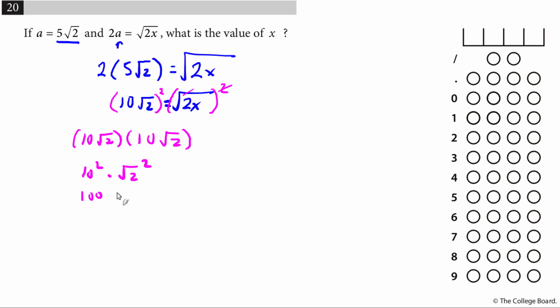Root 2 squared is 2 because the square root and squared cancel, or 2 squared is 4, square root of 4 is 2. So all this mess down here becomes 200, and that will equal 2x. And to wrap it up, we will divide both sides by 2 to get x by itself, and x will end up equaling 100. Bubble it in, and we're done with the first part of the SAT math.